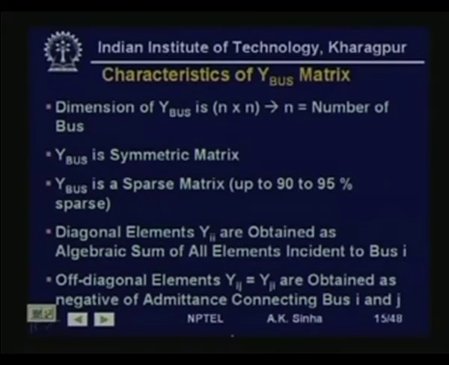Diagonal elements Yii are obtained as the algebraic sum of all elements incident to bus i. Off-diagonal elements Yij, equal to Yji, are obtained as the negative of the admittance connected between bus i and j. This is all that we had seen.